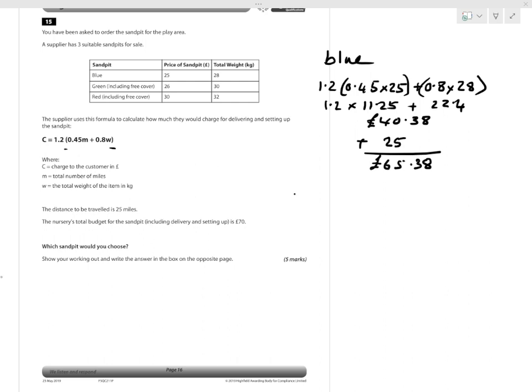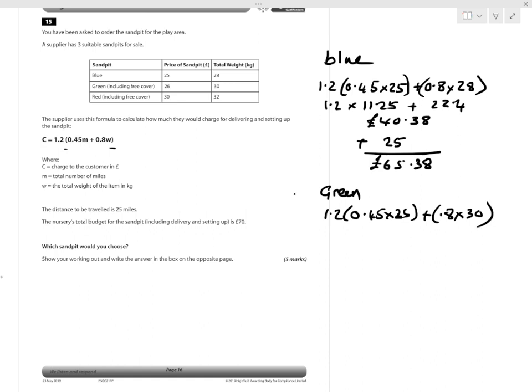Right, okay. The green one is 1.2, 0.45 times 25, plus 0.8 times the weight, which is 30.